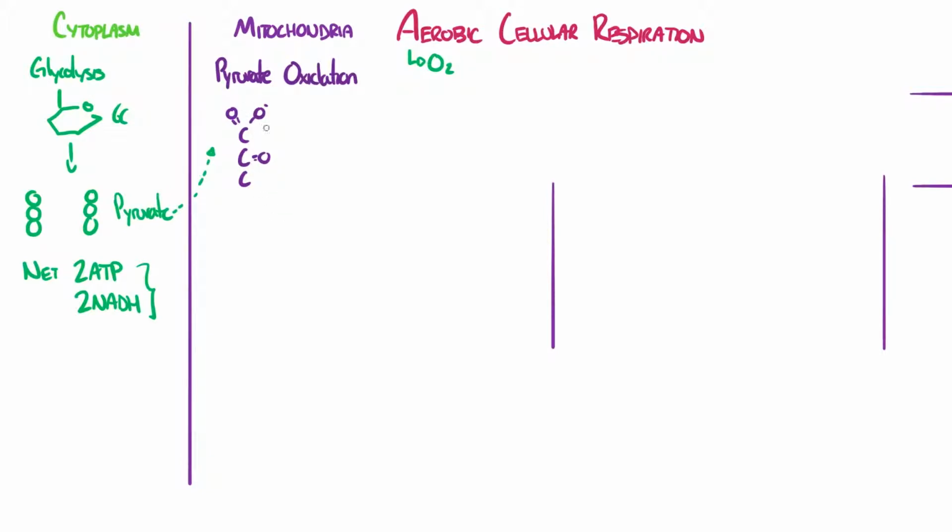Actually, let's move this out a bit. So the general equation for pyruvate oxidation is pyruvate plus NAD plus coenzyme A, and that's going to yield acetyl-CoA, carbon dioxide, and NADH.